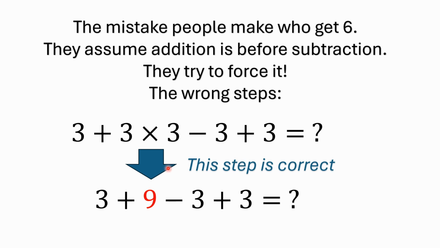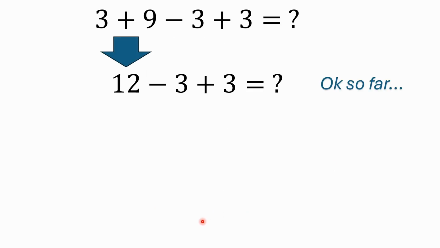They start out correctly. They do understand that multiplication has precedence, and you do the multiplication first. So the first step that these people make is correct. 3 times 3 is 9. And then you're left with 3 plus 9 minus 3 plus 3. So they're right about that.